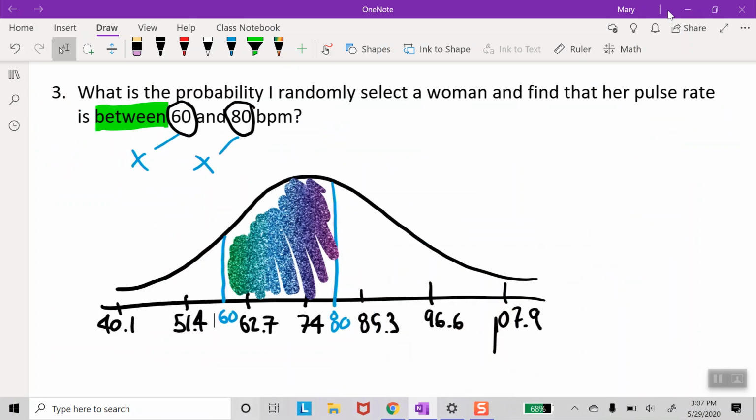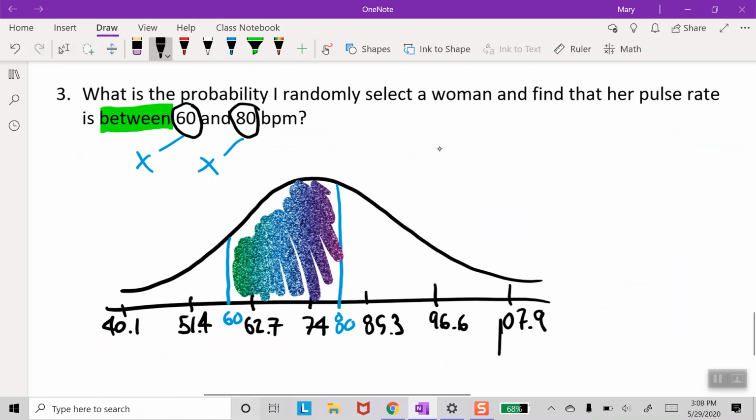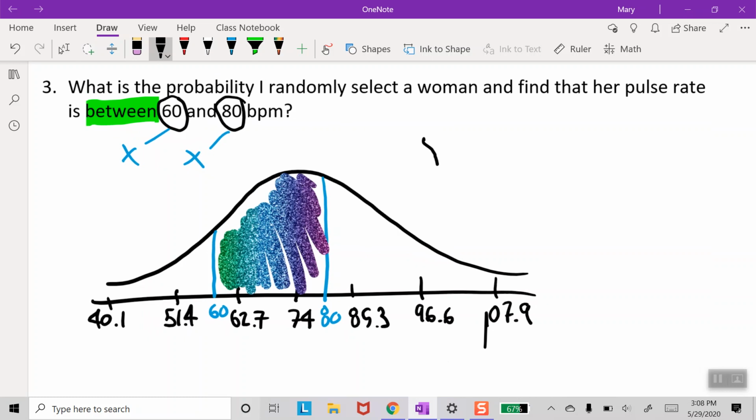Almost finished. Come back here. And again, try to write this in a way. The probability is between 60 and 80, we saw, was 0.595. And that's the probability.